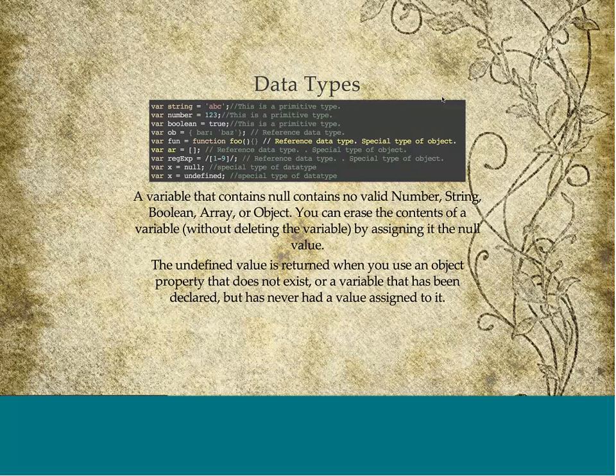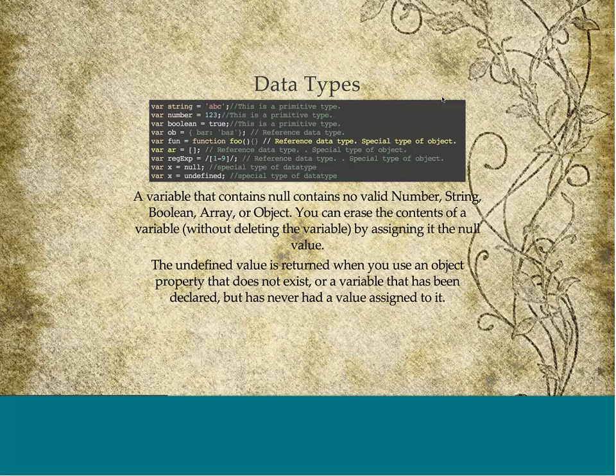Conversely, an undefined value is returned when you use an object property that does not exist, or a variable that has been declared but never had a value assigned to it. One of the interesting things with JavaScript is that undefined is a data type, so you can actually take a parameter or property and set it to be undefined, which is different than other languages where you don't have undefined.